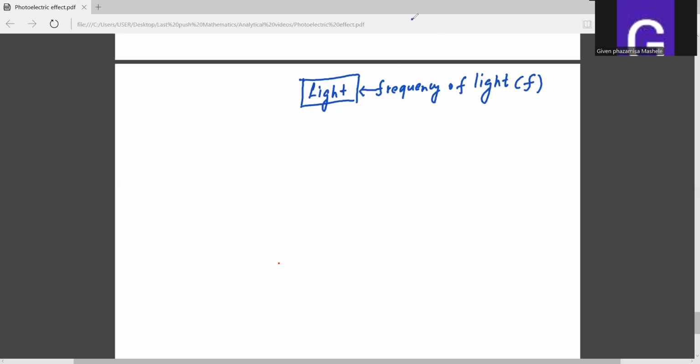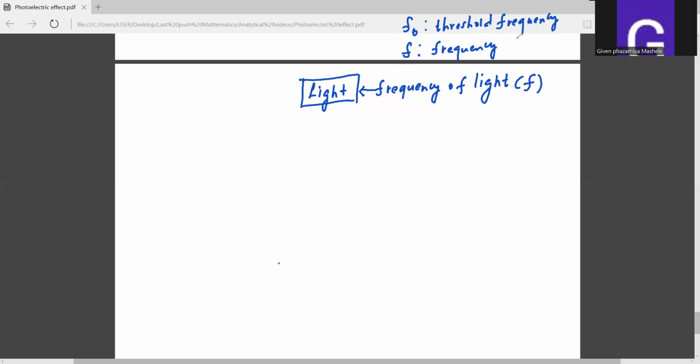If I talk about F naught, you must know it's a frequency, but we call it a threshold frequency. It's not of light. If we use the symbol F without the naught, it is called the frequency of light.